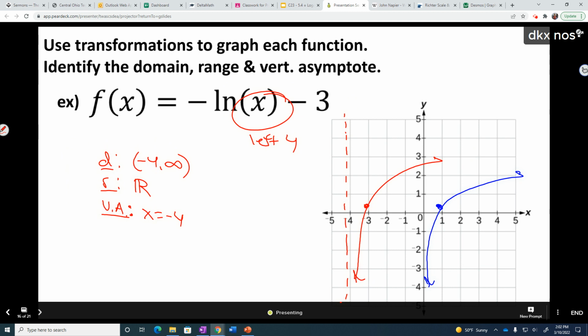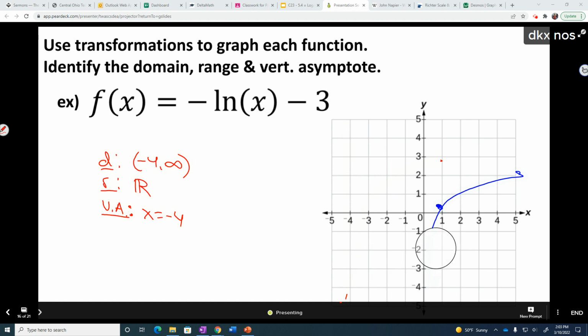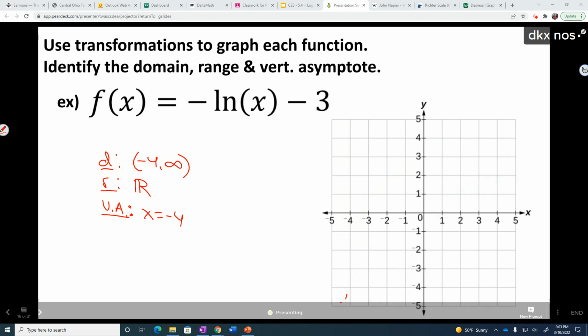Okay, let's try one with the reflection. Still start with the straight function there.